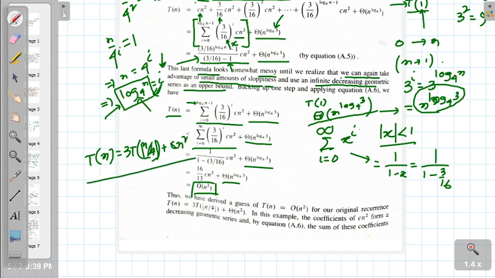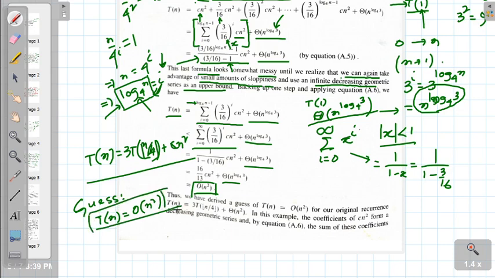For this recurrence I have guessed. The solution I have guessed is Tn equals order of n square. So after doing this, the guess is Tn equals order of n square.